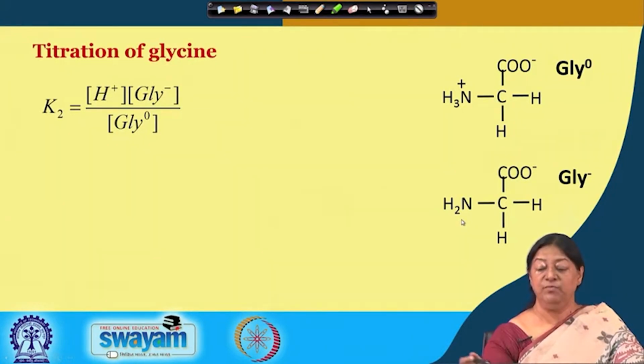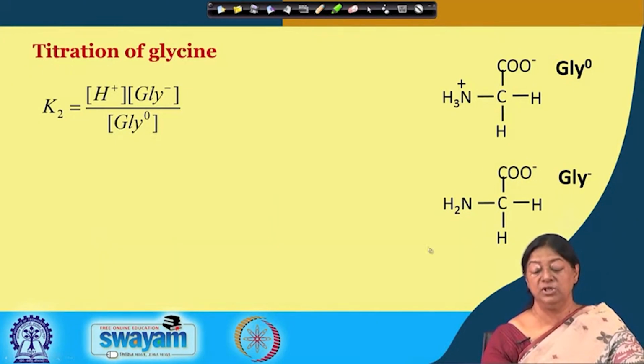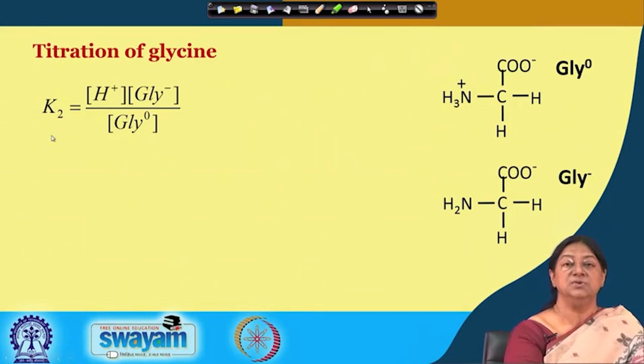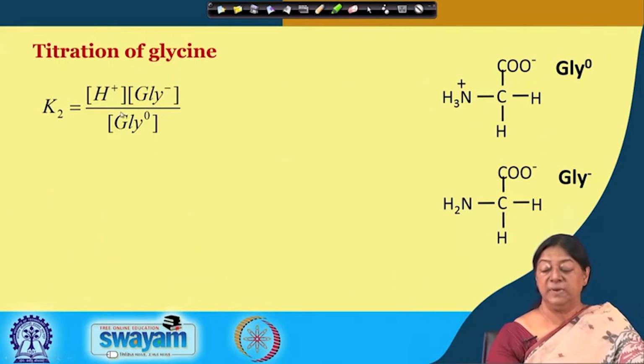So, we have Gly0 now going to Gly minus, because the overall charge on this is minus. This is associated with a K2. In K2, this becomes the conjugate base and this is the acid, because this is providing the proton.